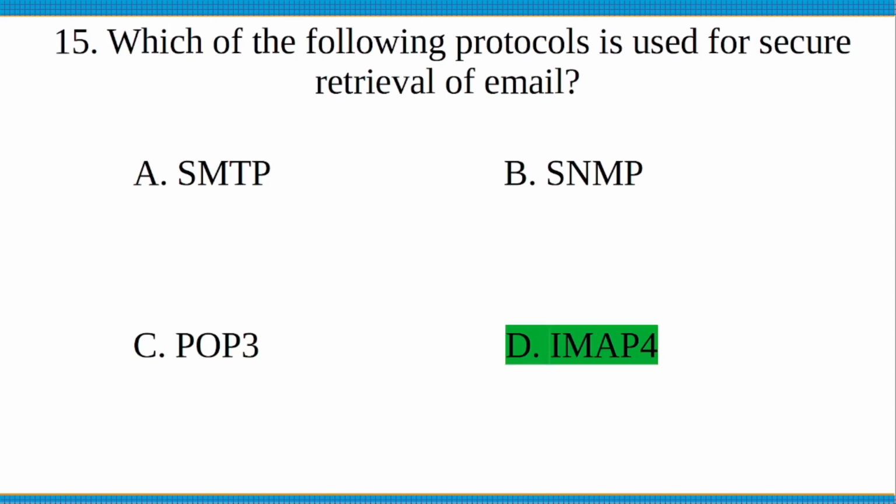D. IMAP4. IMAP4 and POP3 are the two protocols that are used for email retrieval. Of the two, only IMAP provides security features. SMTP sends email, and SNMP is a network management protocol.